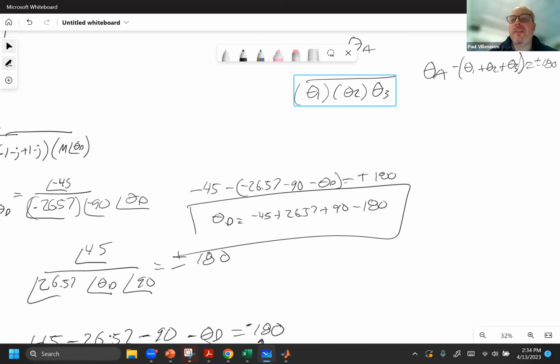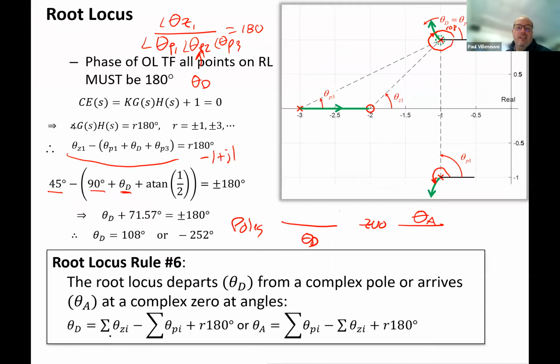So now I have to bring these onto the other side. So theta a is going to be equal to plus or minus 180 plus, these are all poles, right? So these are all the poles, the angles of the poles. That's why it's plus. And if we had any zeros up here, it would be minus. That's why this equation is substituted that way.